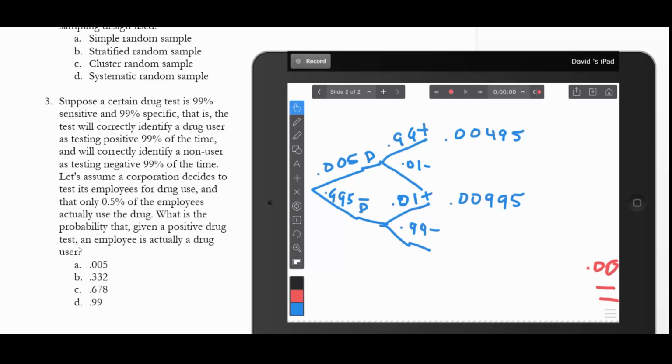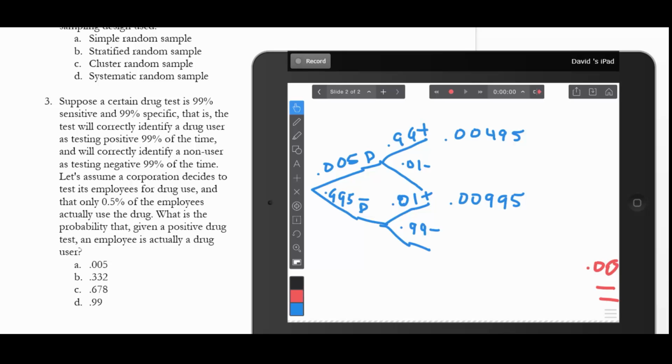And then 1% of the time it will incorrectly give a negative result. And then on the bottom here we have someone who's not a drug user, and that's 0.995 of the population. And of those, you'll get the correct decision, that is that they have a negative test, 99%, and a positive test, 0.01 or 1% of the time.